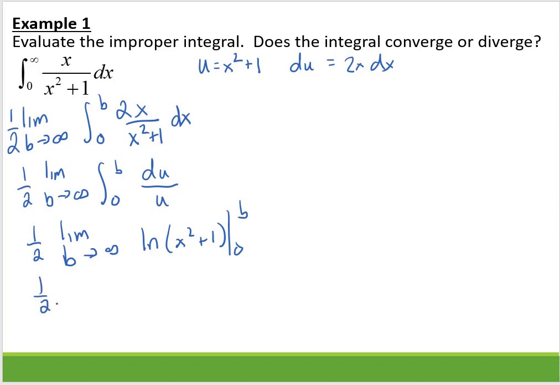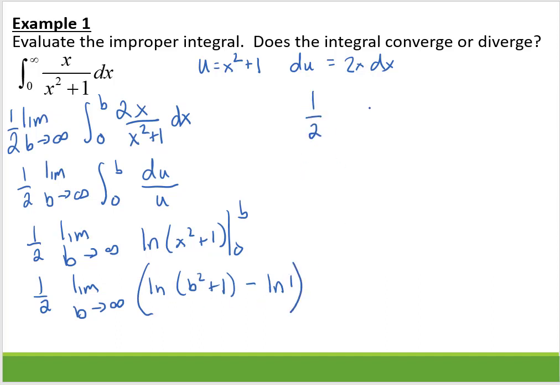So now I have 1/2, the limit as b goes to infinity of the ln of b squared plus 1 minus the ln of 1. I plugged in 0. And I'm taking the limit of that whole quantity.